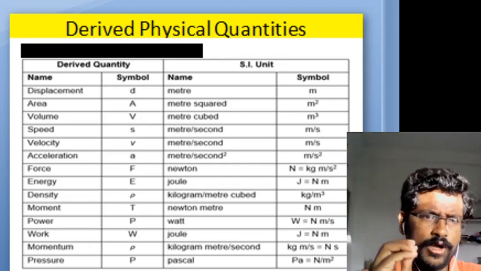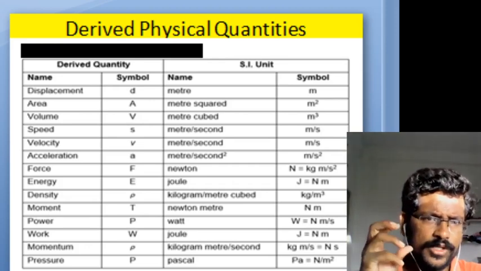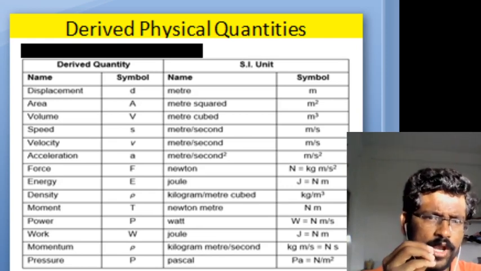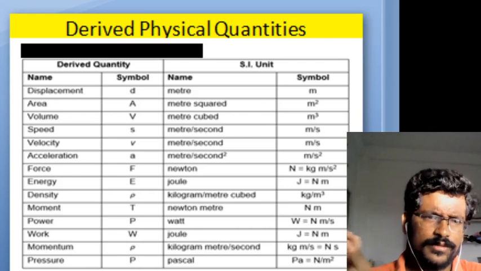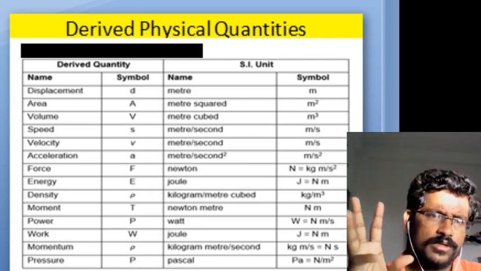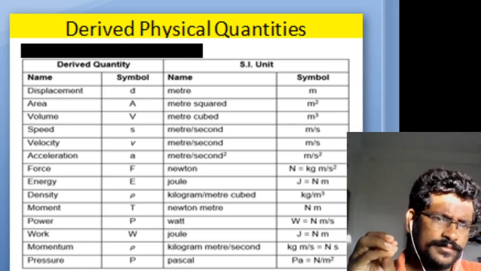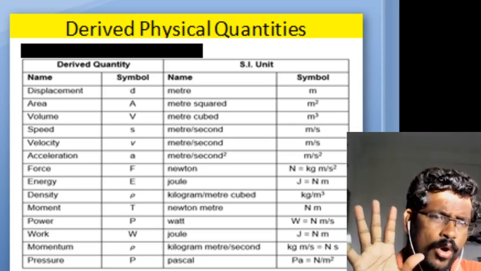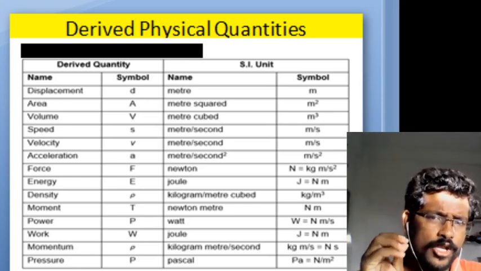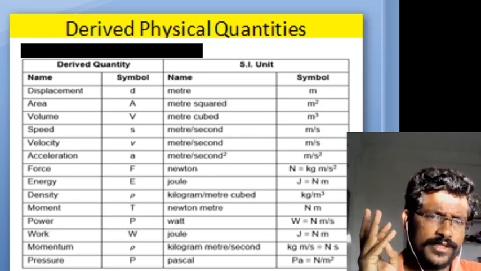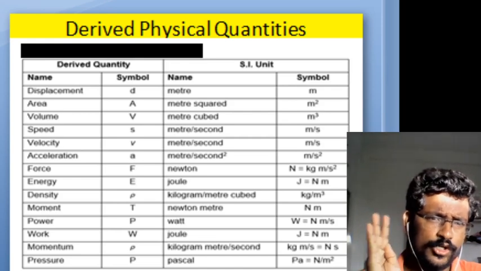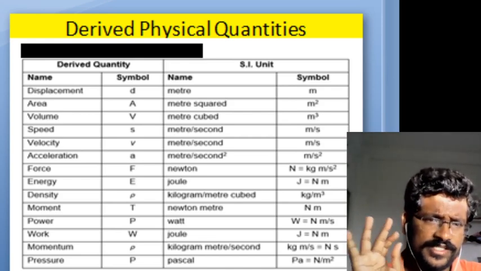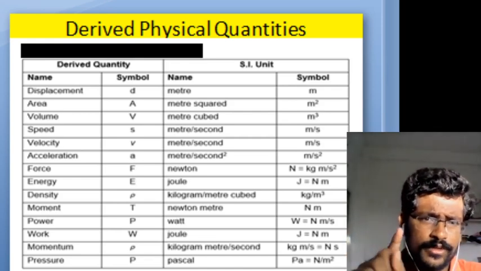Now we are going to volume. Volume of a tube, volume of a room, volume of a space, anything like that. How to define volume? Volume is the product of length into breadth into height. The SI unit of volume is meter cube.